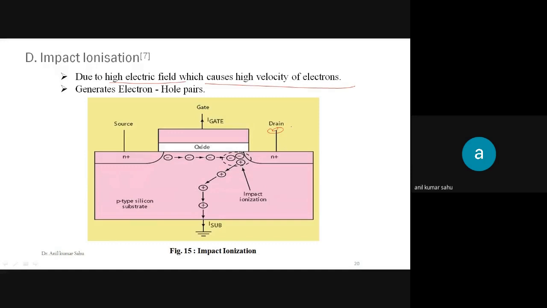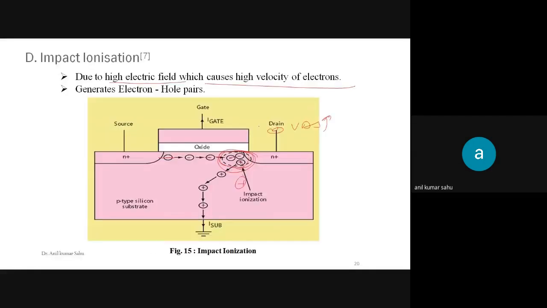Whenever you apply a high VDS, there is a chance that electrons can move very fast and combine with holes of the substrate, and because of the lowered channel length, it will generate electron hole pairs because of the high electric field.